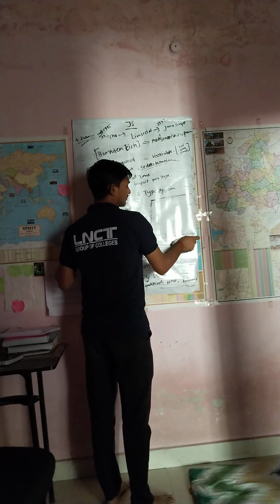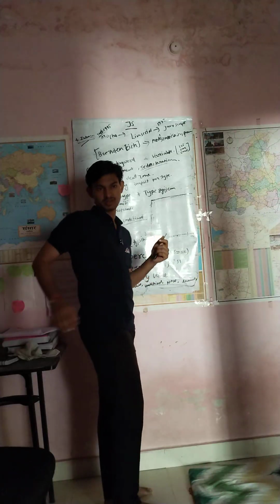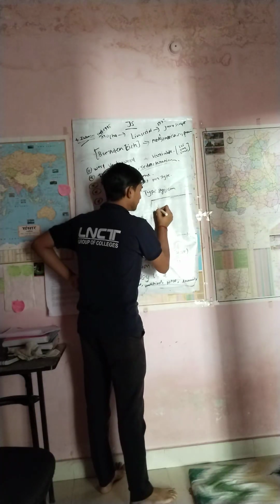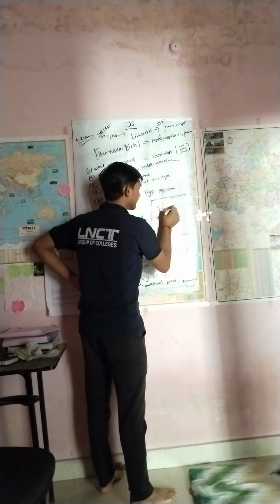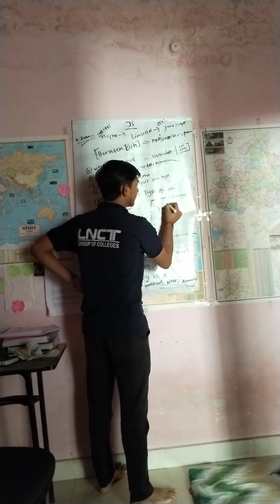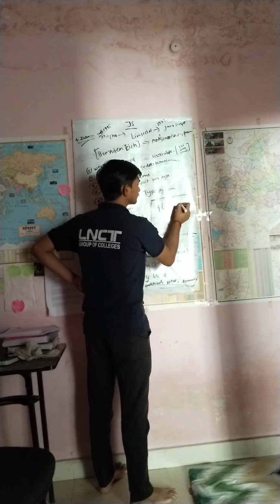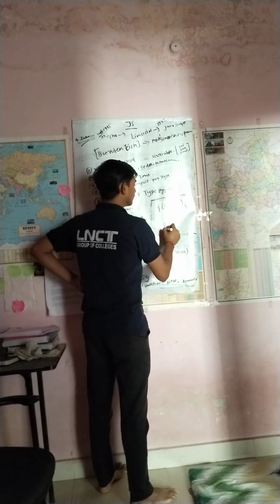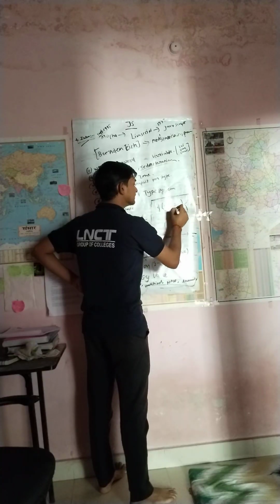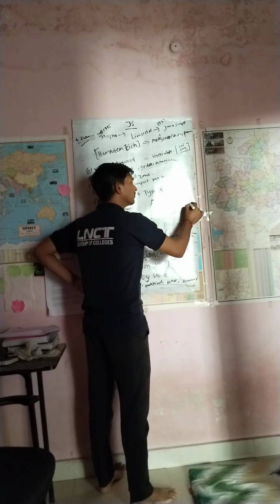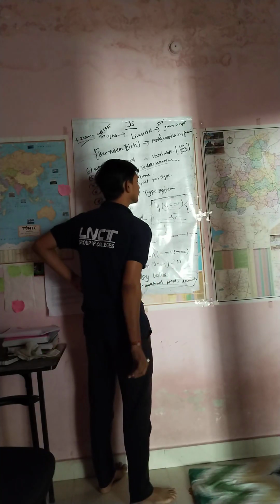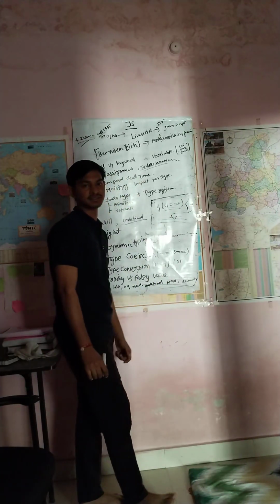I think you guys have a basic idea about conditional statements. Suppose that you have to print something, if a equal to 0, then only you will hit this condition. If this condition is true, then only you would be able to enter into the block and perform any operation written inside these braces.